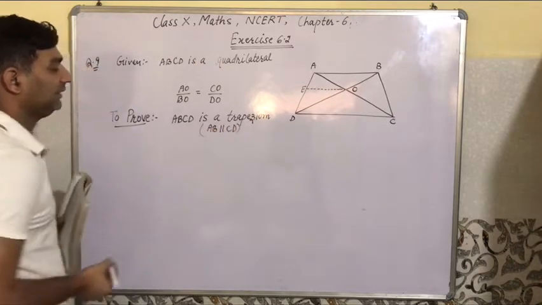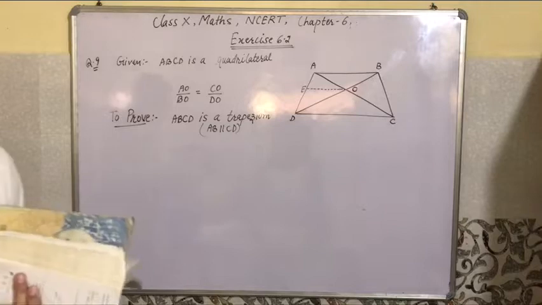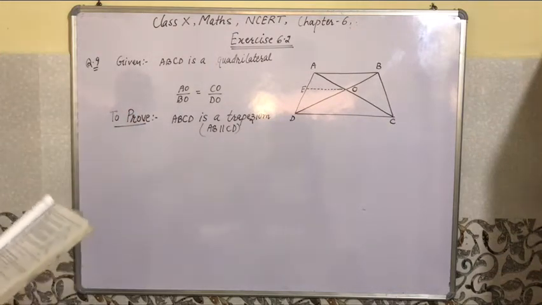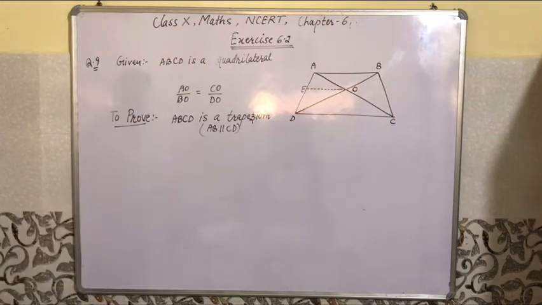You can also write that what we have to prove is AB parallel to CD. If we prove AB parallel to CD, then ABCD is a trapezium.